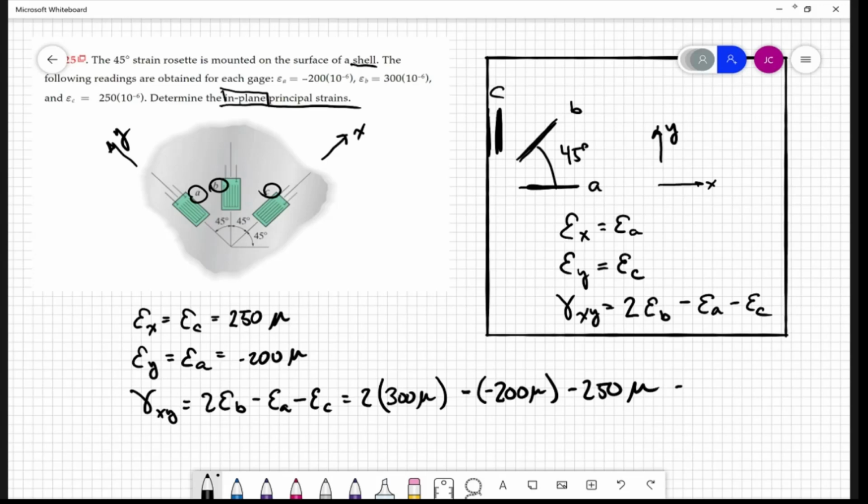Okay, and that gives me 600 plus 400 is 800... so it's 550, right? If I did that correctly. Positive 550. 600 minus 50. Yeah, 550, right? Okay, so now we know the strain state in this orientation, right?